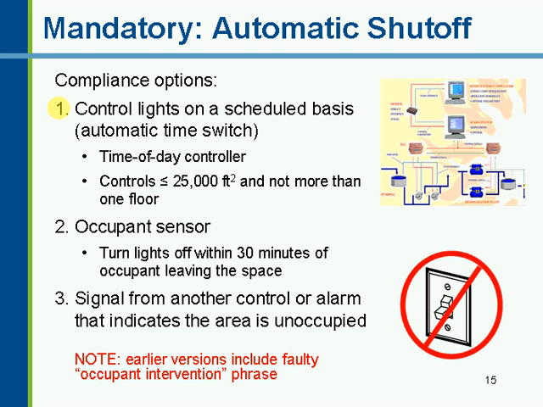There is a limit that each separate switch control can control no more than 25,000 square feet of space, or one floor at a time, regardless of the size of the floor. Those are some limits, such that occupants can have a little bit of flexibility in which areas of the lights go off automatically at which times. A second way to comply with this, in some cases a little simpler, is an occupancy sensor.